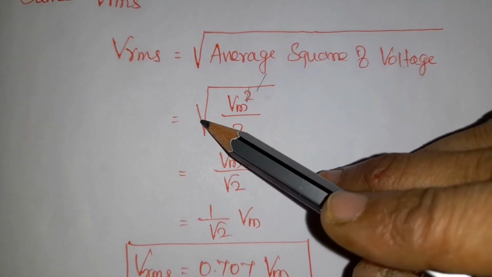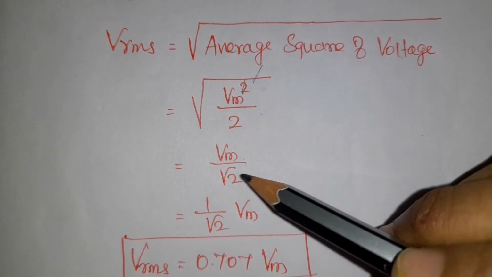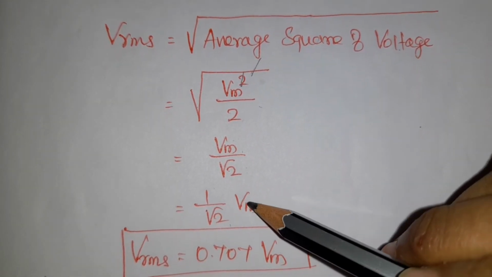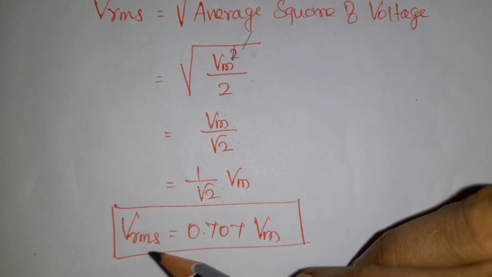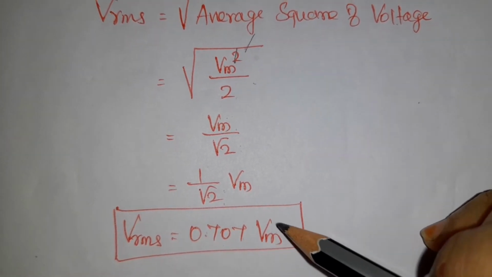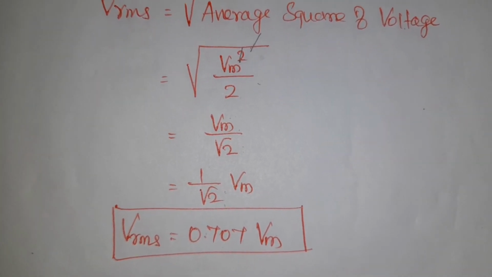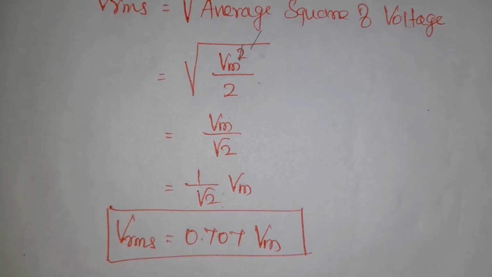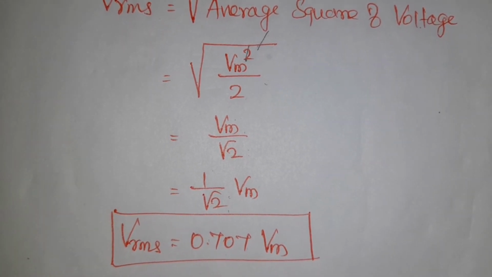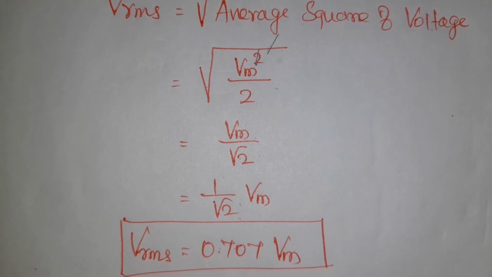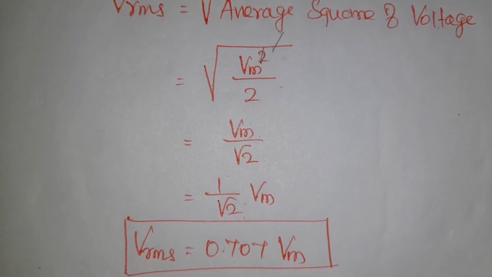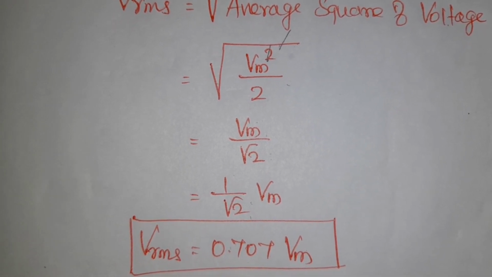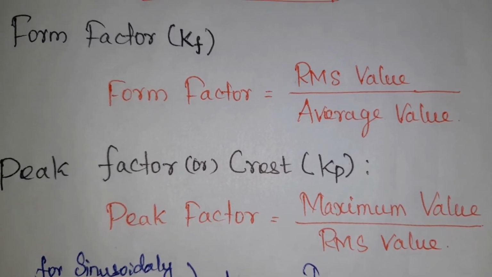So like this, if you find the Irms value, you can directly write the Vrms value. Similarly, it is the same as in the average value video, so the root mean square value is also the same. Vrms is equal to 0.707 Vm. If you have any doubt, go through the average value video.